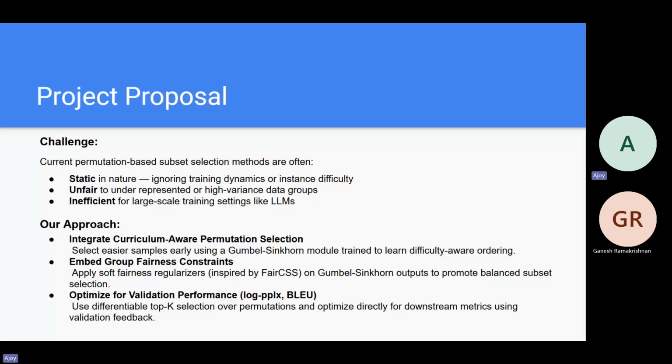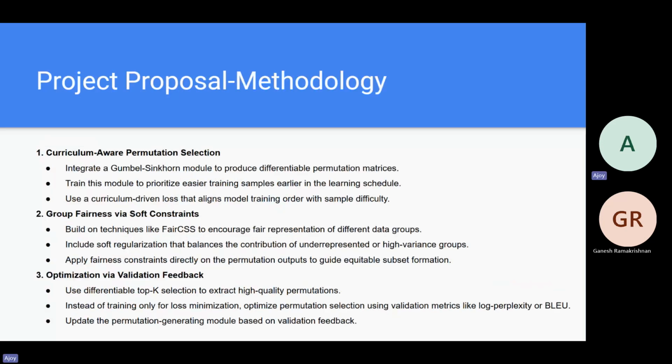So we are going to separate easier and difficult samples using the Gumbel Sinkhorn and make the model difficulty aware using a loss function. We will use a curriculum-driven loss function, and if the loss is less, we will consider it as easier.